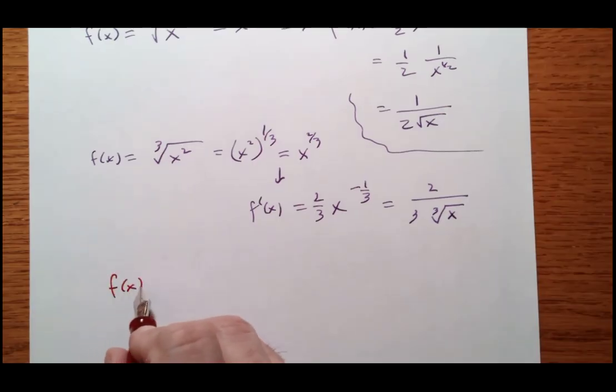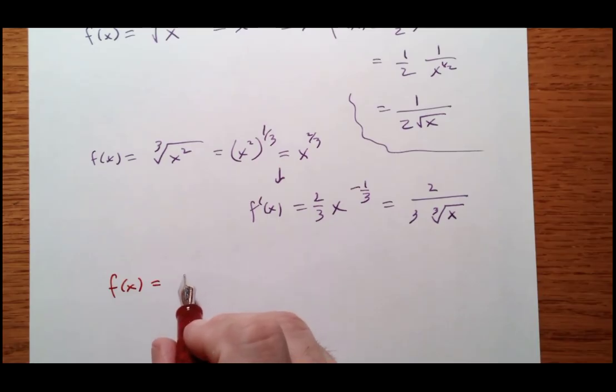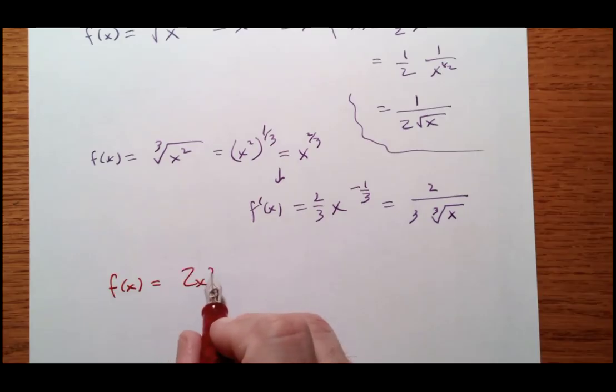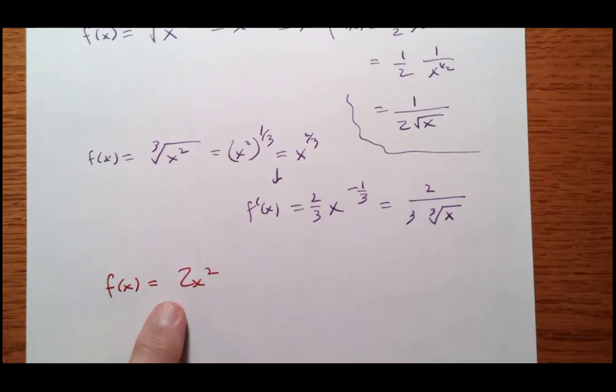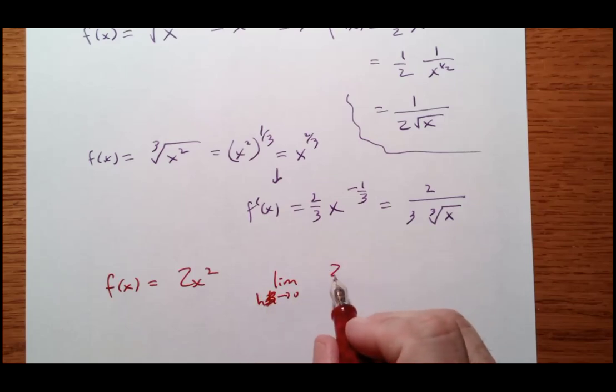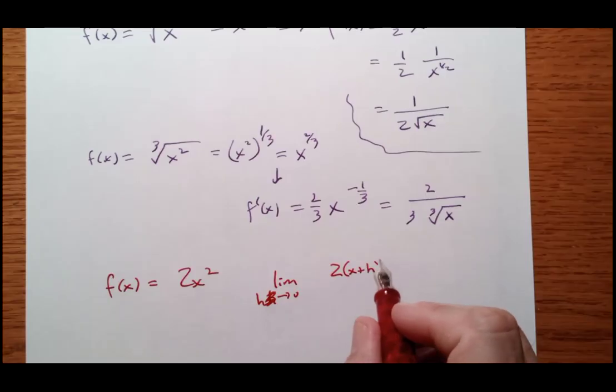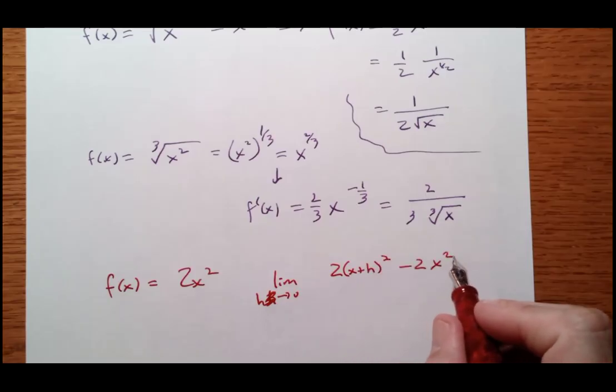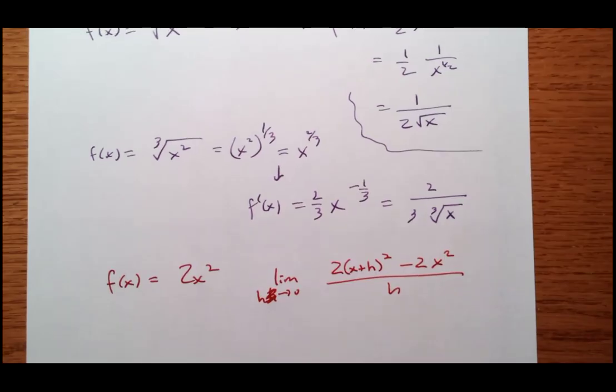What if we wanted the derivative of 2x squared? What do I do with the 2? Hang on. I know what to do with the x squared. But when I think about the limit as h goes to 0, it would be 2 times x plus h squared minus 2x squared over h.